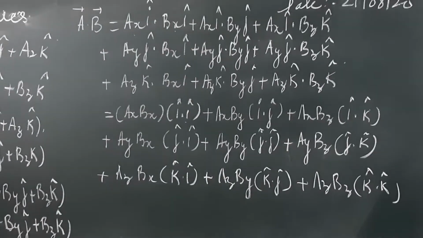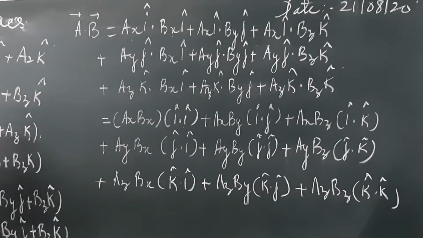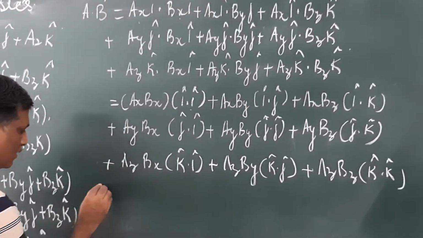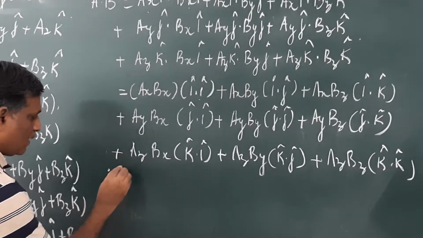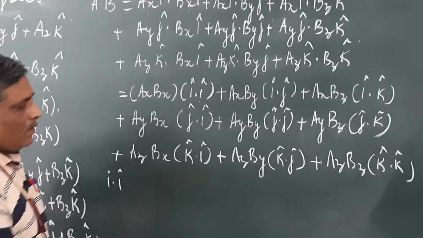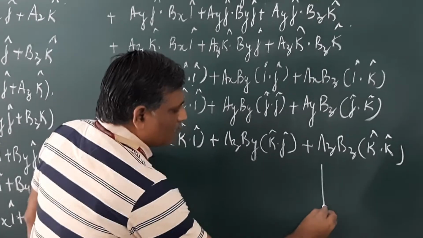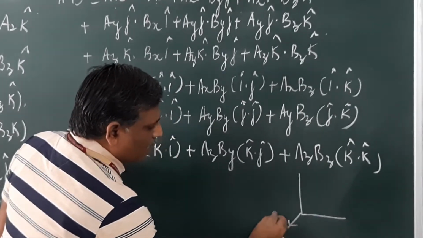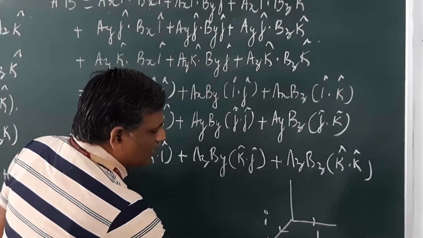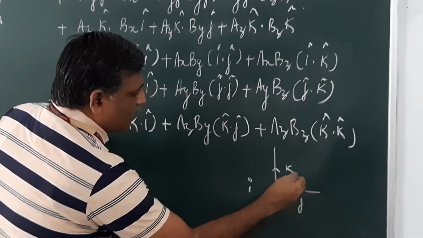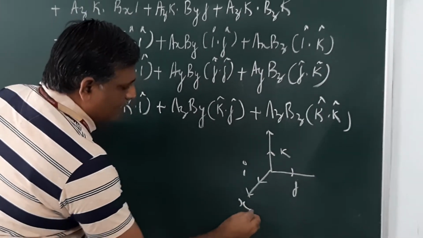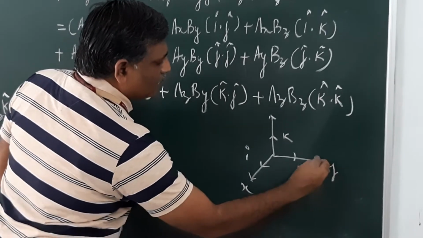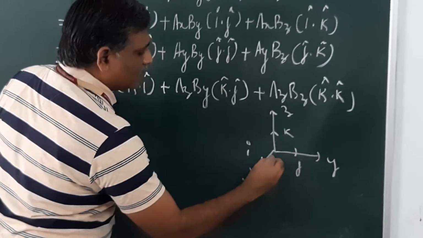Now let us talk about I dot I. Let us study I dot I first. We know these are three coordinates: I, J, and K. This is x-axis, this is y-axis, this is z-axis.